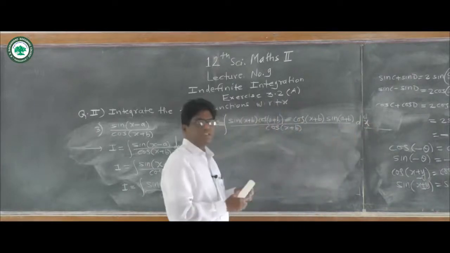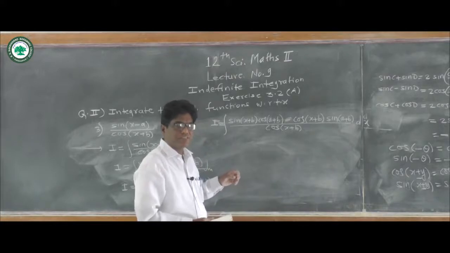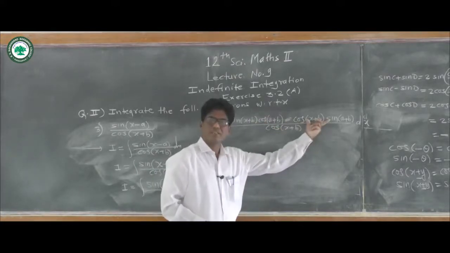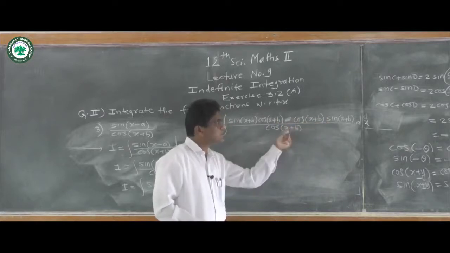Now in the numerator there are two parts separated by this minus sign. This is the first part and this is the second part. Divide each part separately.